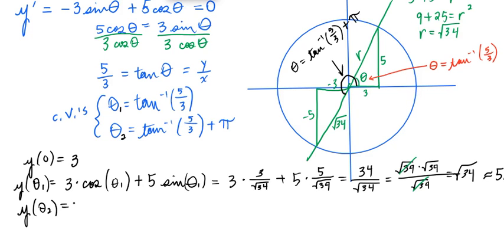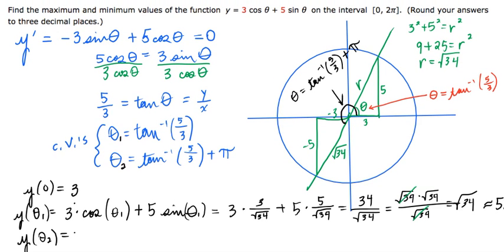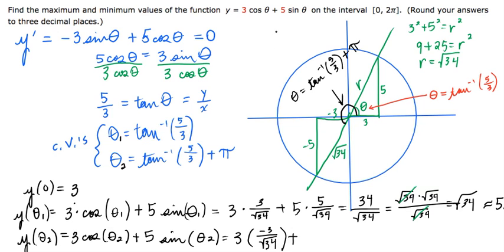So we have, plugging into the original function, which is right up here, 3 times cosine of theta 2 plus 5 times sine of theta 2. Cosine of this theta 2 is x over r, so it would be negative 3 over root 34, plus 5 times sine of theta 2.